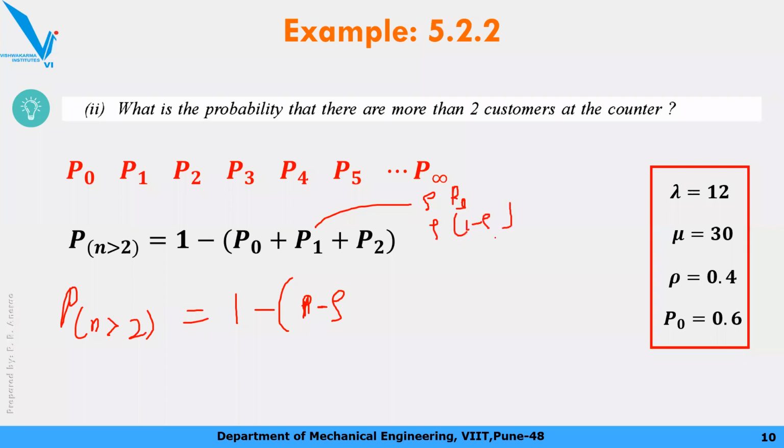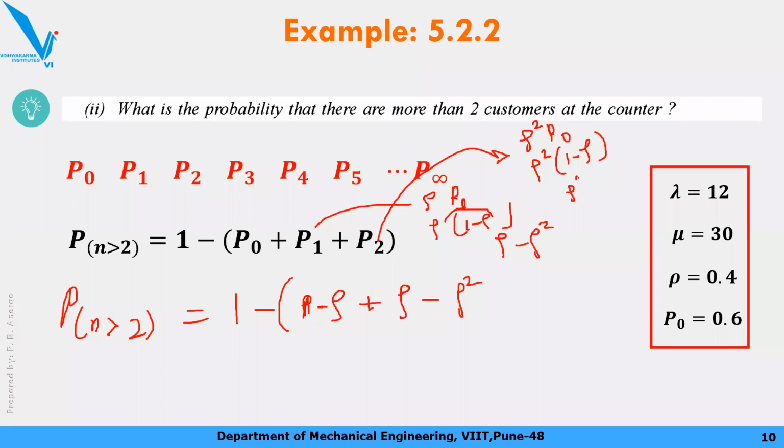P1 is rho into P0, and rho into P0 is rho into (1 minus rho), which is rho minus rho square. So P1 is rho minus rho square. Then P2 is nothing but rho square into P0. P0 is 1 minus rho.